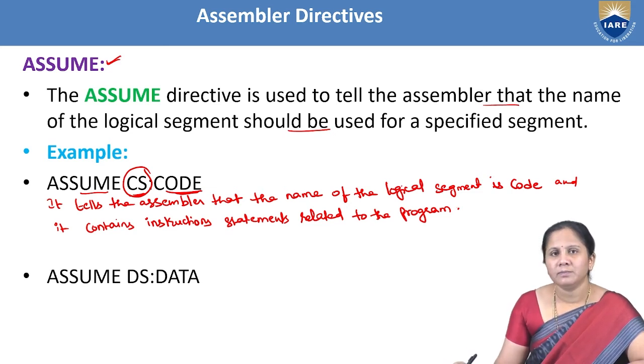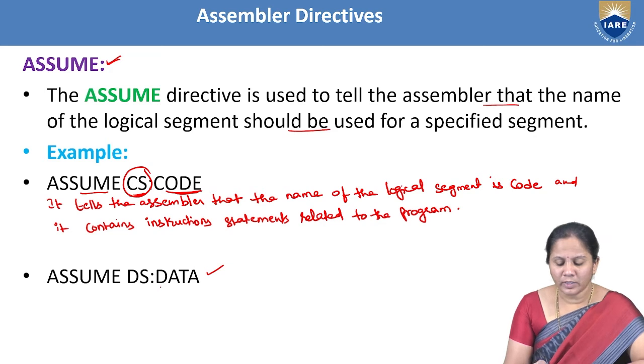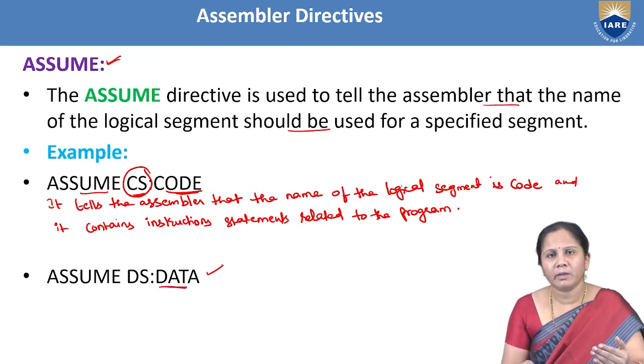Now, the next example you can consider here: ASSUME DS:DATA. Here we know that 4 segment registers are available: code segment, data segment, stack segment and extra segment. So we know the program will be present in the code segment, data or variables will be present in the data segment, and stack related information will be present in the stack segment register.